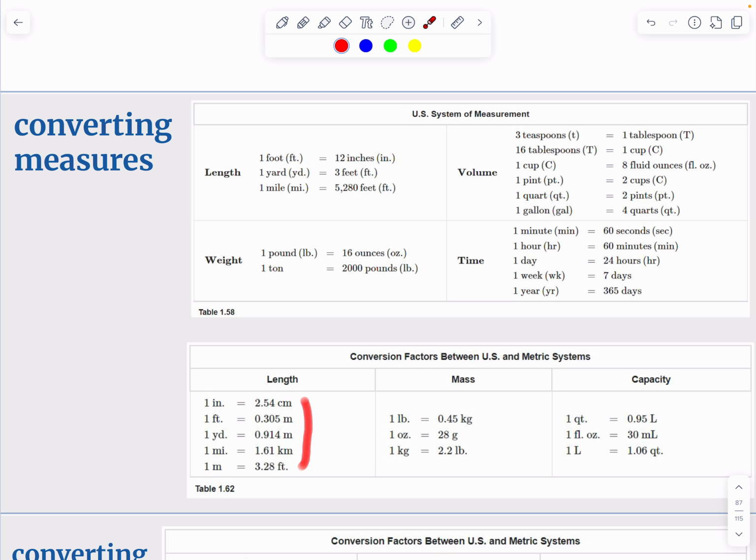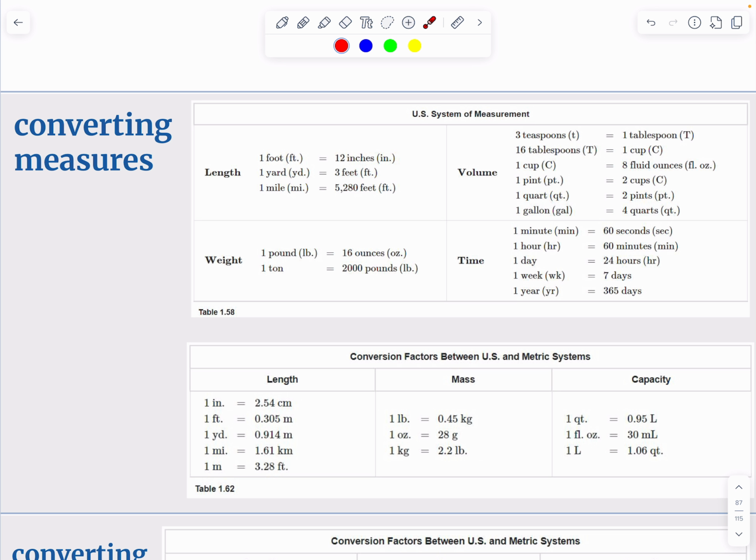Again, some of the relationships between commonly used length measurements. Centimeters and meters and kilometers are really common metric measurements that we'll see even here in the United States. We'll see those used in different things. Mass is another word for weight, and so we might look at grams or kilograms as really common measures of mass.